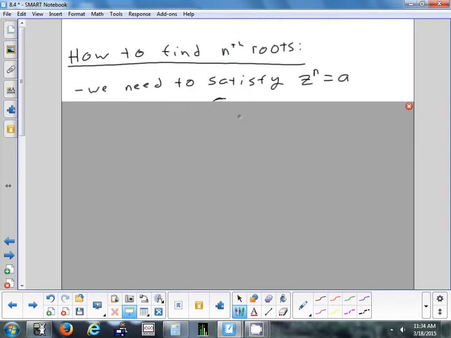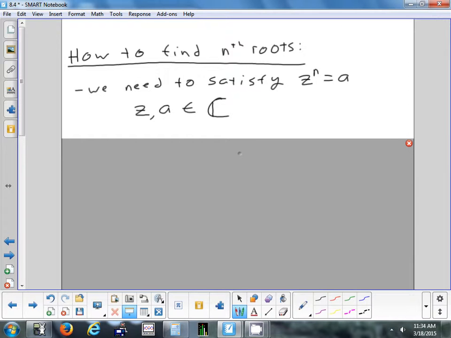All right, so we already said if you want to find the nth roots of a number a, that's the equation you need to set up. Remember, z and a can be complex numbers. You do not have to get real answers here. You can get imaginaries. Okay, so complex.